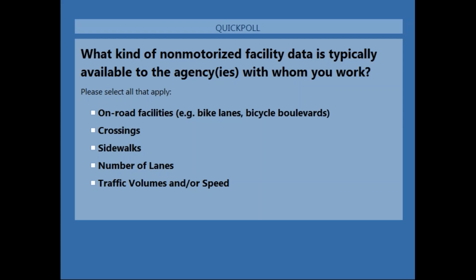We've also got some information here about traffic volumes and or speed. So maybe take a moment, just pick the items that you have access to, or the data that's available to use, and then we'll show the results and then get into more about how it's used and where it comes from. So just take a few more seconds to cast your vote on these, and we'll share the results with the group.